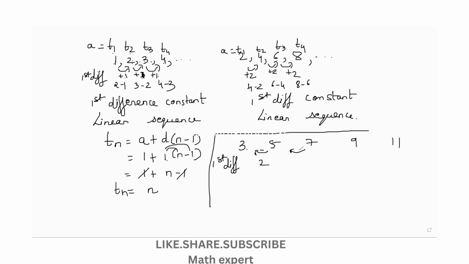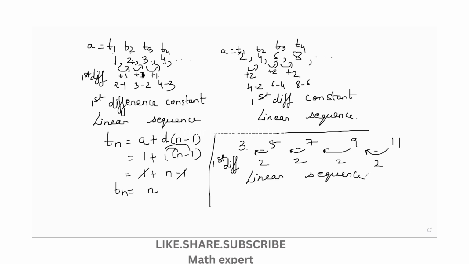Then 7 minus 5, which is 2. And 9 minus 7, which is 2. And 11 minus 9, which is again 2. So here your first difference itself is constant, so it is called a linear sequence.